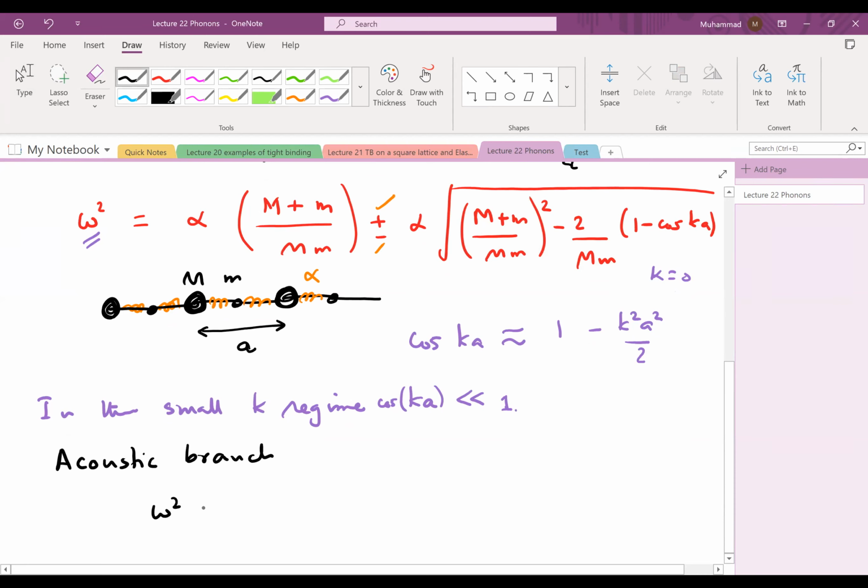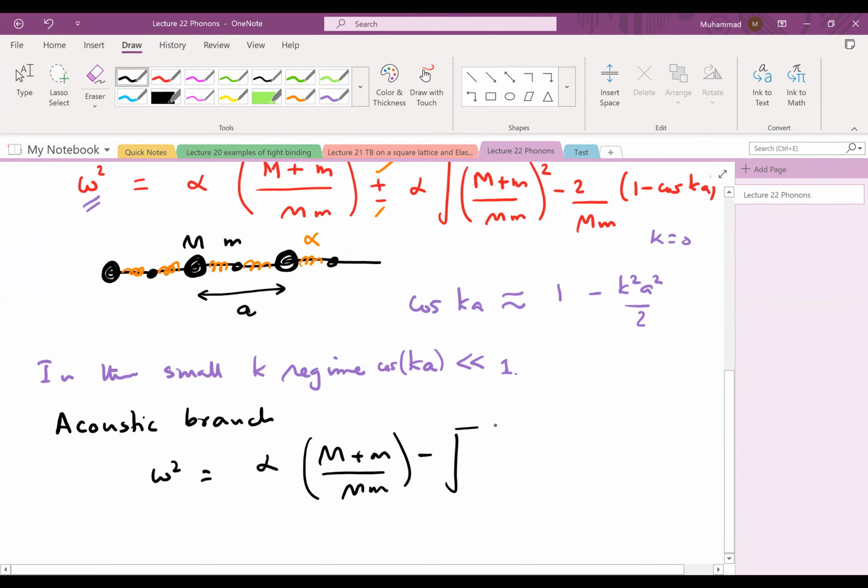So I take omega square is alpha (M plus m) over M m minus alpha times the square root of (M plus m) over M m, all squared, minus 2 over M m times 1 minus 1 plus k square a square over 2. This is an approximation.